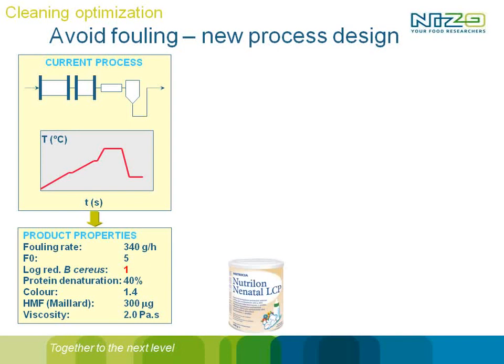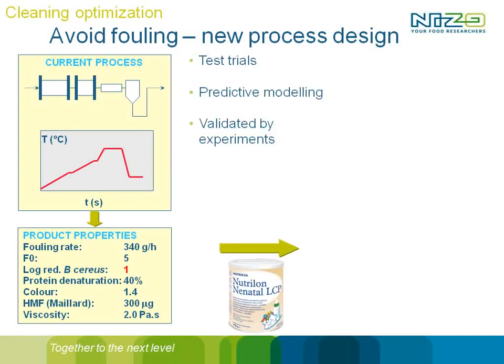This example, we're allowed to show, was an infant food from Nutricia, now part of Danone. And they had a process in the past where they wanted to implement a new formulation for this Nutrilon neonatal, but the product was fouling heavily inside the heat exchanger. So you had a fouling rate of 340 grams per hour, and this was leading to run times of less than 2 hours, so not a feasible process.